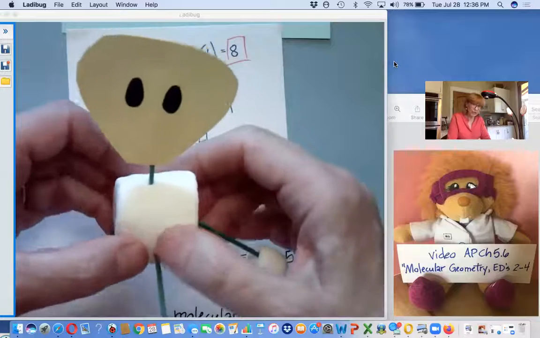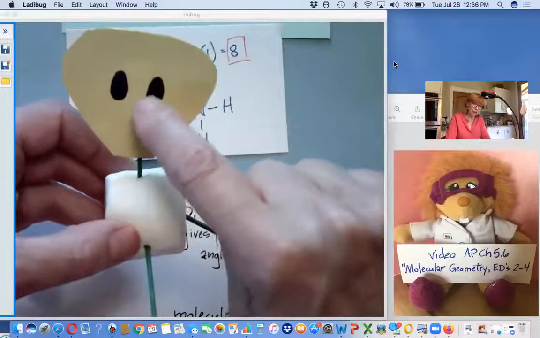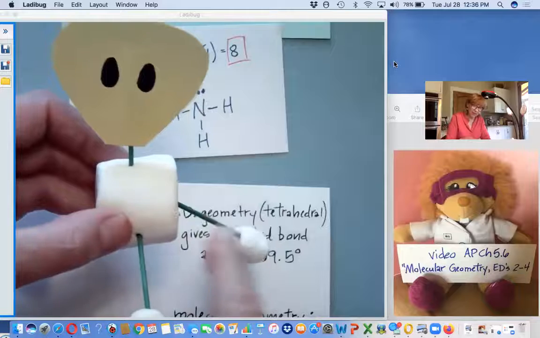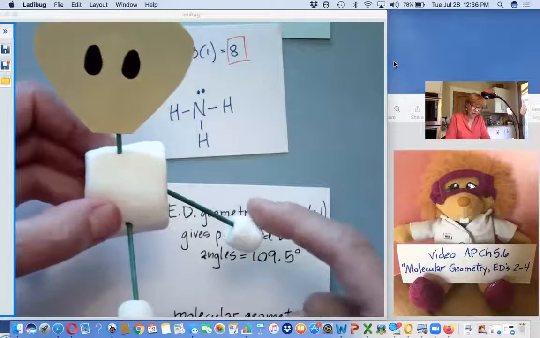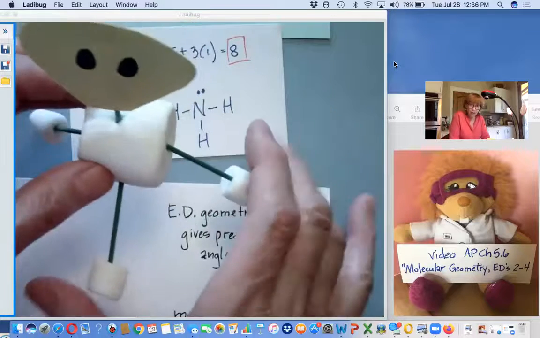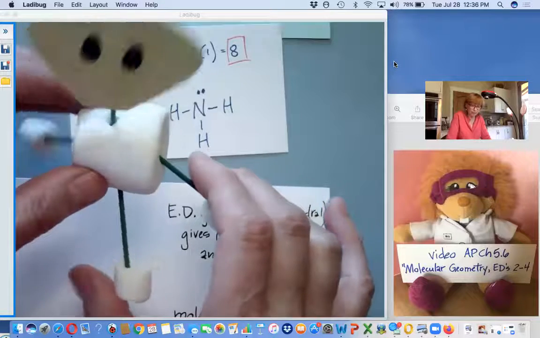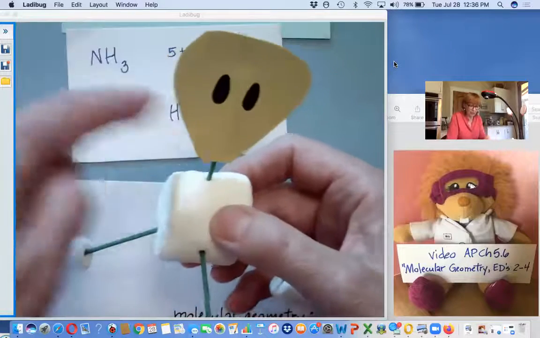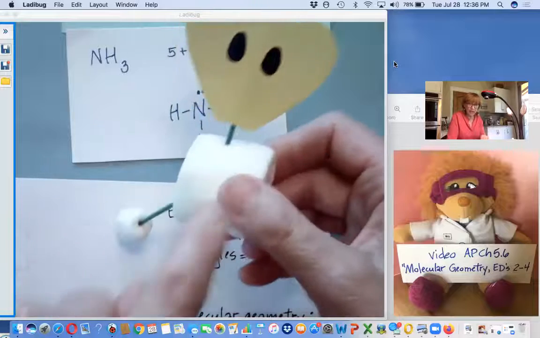What that also means is that this electron pair is going to repel this electron pair a little bit more than the bonding pairs repel each other. And the same thing is true with the non-bonding pair and this bond and this bond.